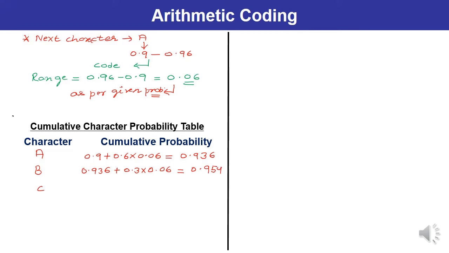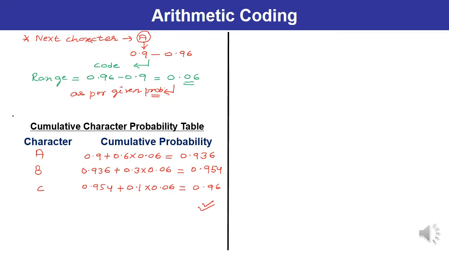Now find it out for C. C will start from 0.954 plus 0.1, its probability which is given, into 0.06. Multiply it and add it. You will be getting the value as 0.96. It means now you have got the new values for A, B and C.